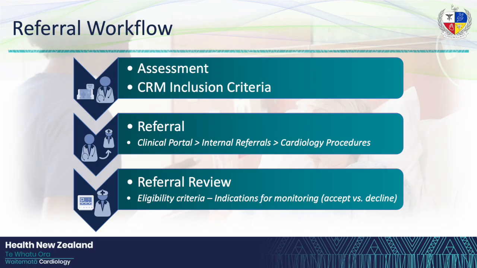A referral may be declined if it doesn't meet the criteria, and this decision is documented in the referral form. This process ensures that only patients who meet the CRM criteria receive telemetry monitoring, optimizing our resources and focusing care where it is needed most.